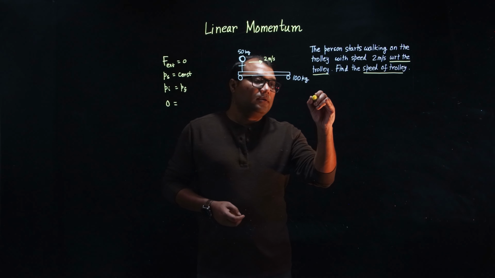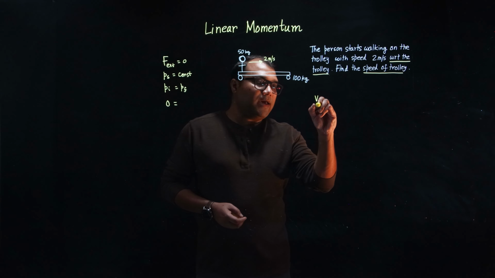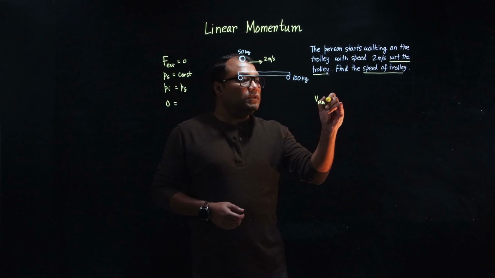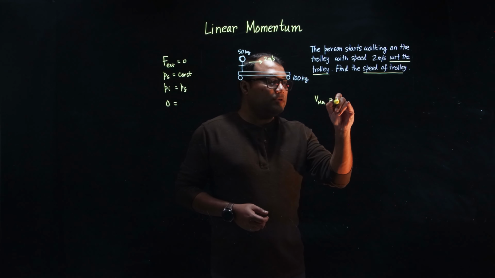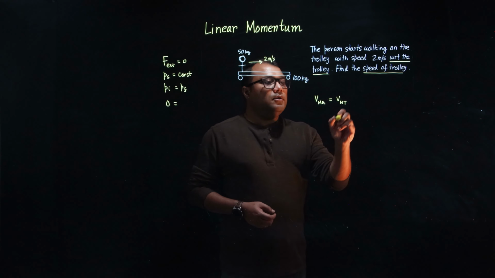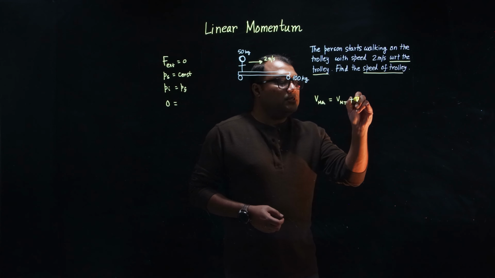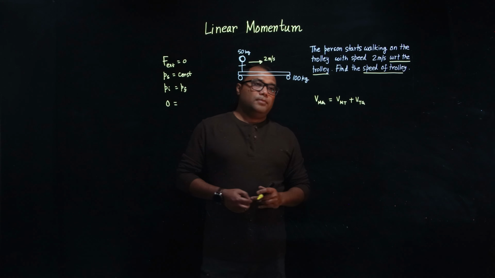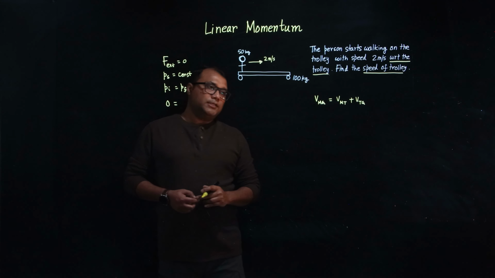So let's say velocity of man with respect to ground will be equal to velocity of man with respect to trolley plus velocity of trolley with respect to ground. Simple vector algebra.